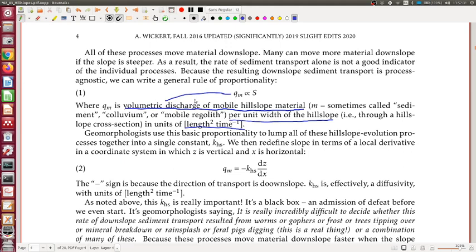And then over here, this S is slope. And so that is just the gradient in a given direction or the steepest.